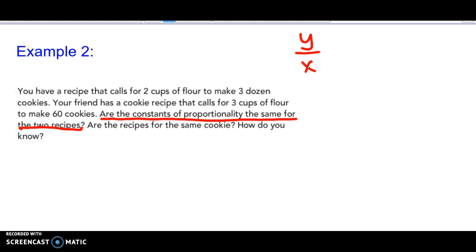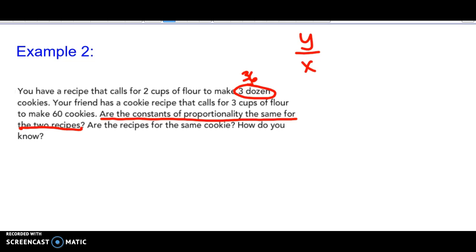So let's think about how many 3 dozen is. When I see 3 dozen, I know there's 12 to a dozen, so 3 12s would be 36 cookies. So for every 2 cups of flour, I'm going to make 36 cookies.